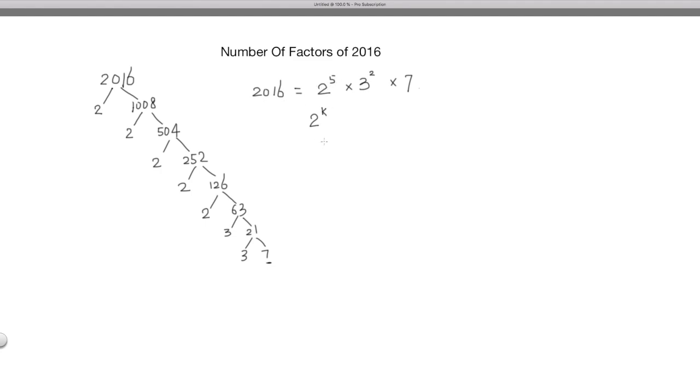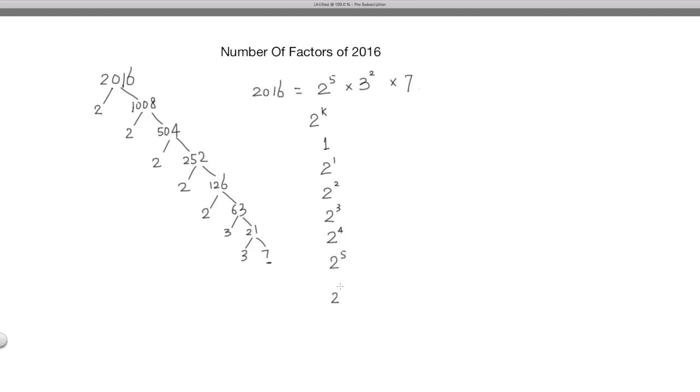Now for this, I'm claiming 1 is definitely a factor of 2016. 2 to the power 1 is a factor. 2 to the power 2 is a factor. 2 to the power 3 is a factor. 2 to the power 4 and 2 to the power 5.